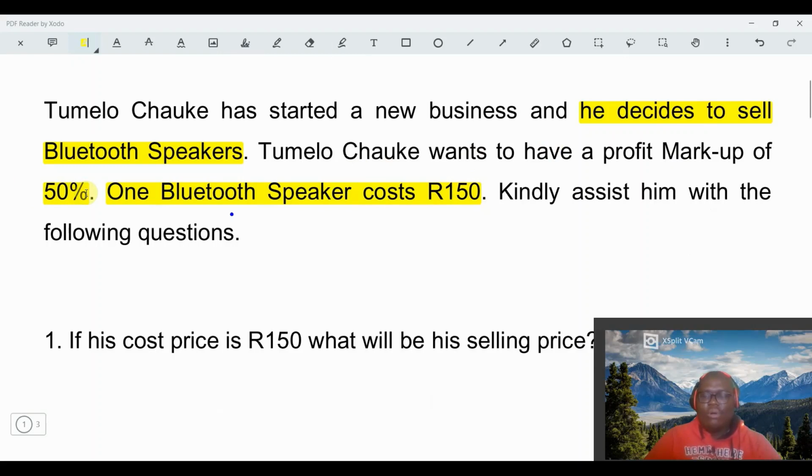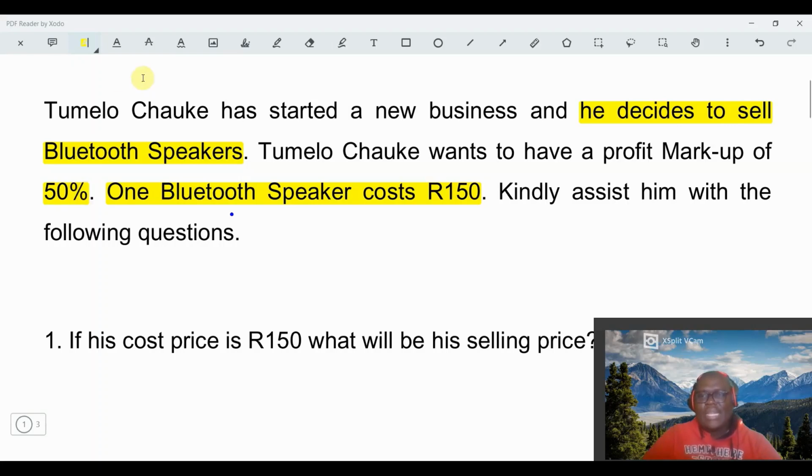Based on what this has cost him, he wants to cover those costs plus 50% of those costs. So this gives us information on how much his selling price will be. It means the selling price will be calculated at 150% of the cost, because this will include 100% of the cost and 50% of the profit that he wants to make.